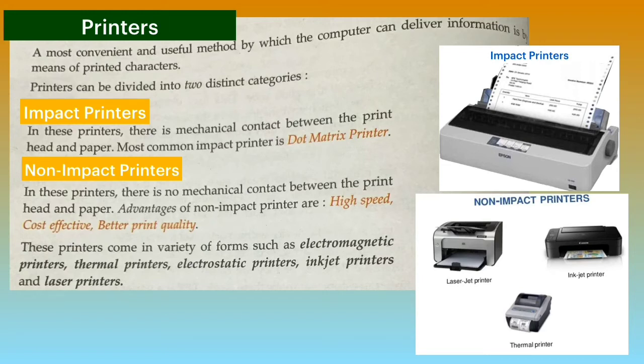But the non-impact printers don't have that quality. They do not really touch the pages while printing on them. Like dot-matrix printers have a hammer to make the marks of the characters upon the page. So dot-matrix printers are impact printers.